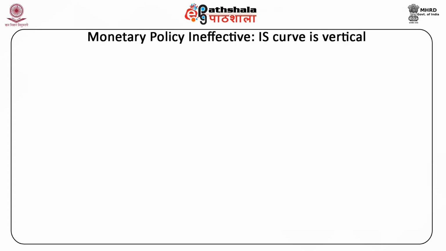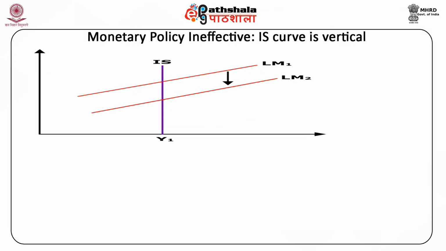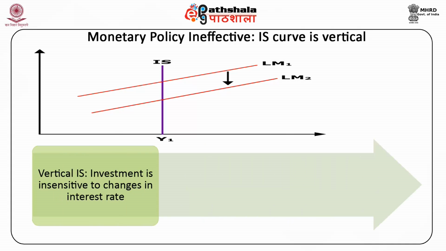For example, when the IS curve is vertical, as we can see in the figure. The IS curve becomes vertical when investment is totally insensitive to changes in interest rate.